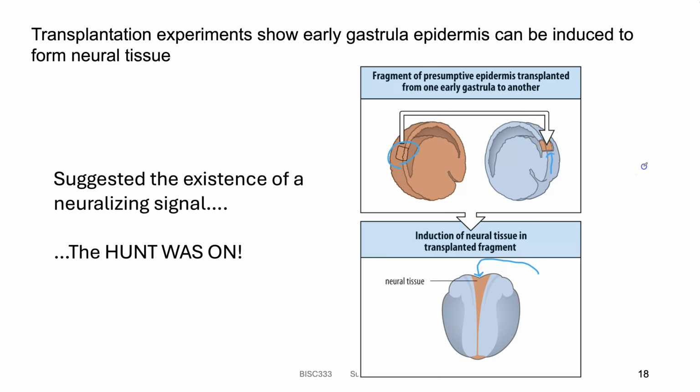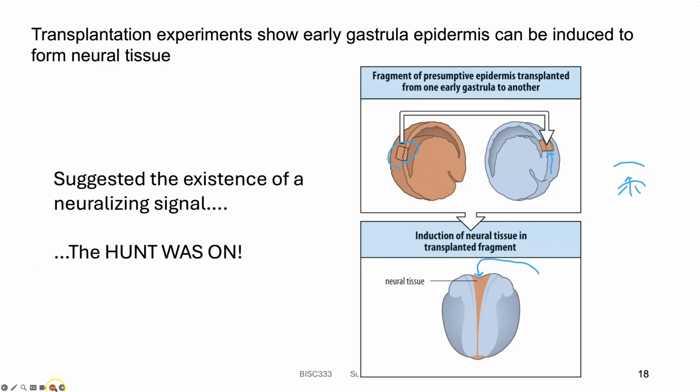So when you look at those fate maps, you had the notochord mesoderm right where the organizer is, and then you had the band of neural tissue above that, and then the band of epidermal tissue further away. So you might imagine signals coming from that organizer to provide specific information on forming neural tissue.